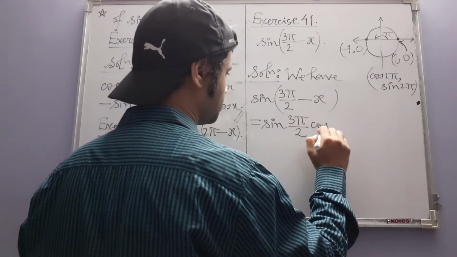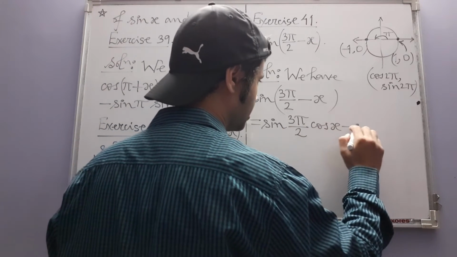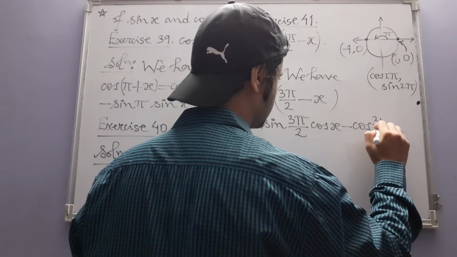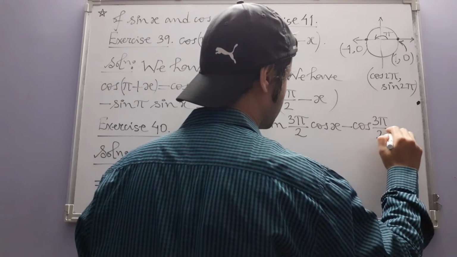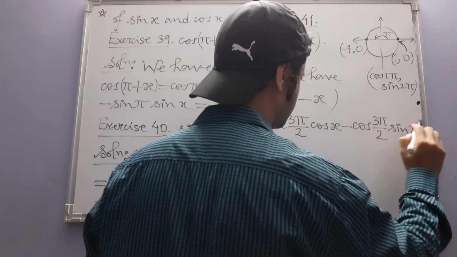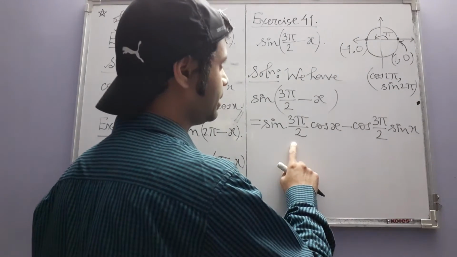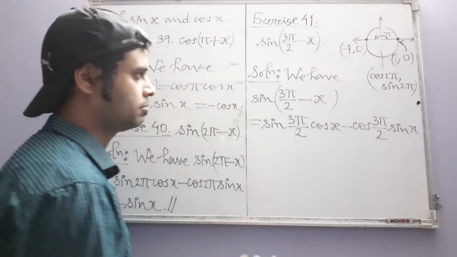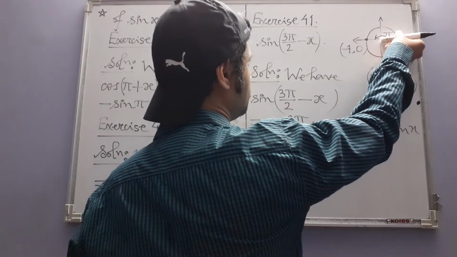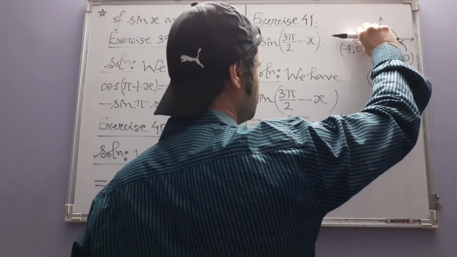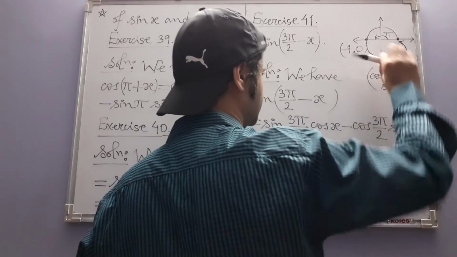Sine A cos B minus cos A sine B, and this is why I kept that circle. 1 pi over 2, 2 pi over 2, 3 pi over 2.